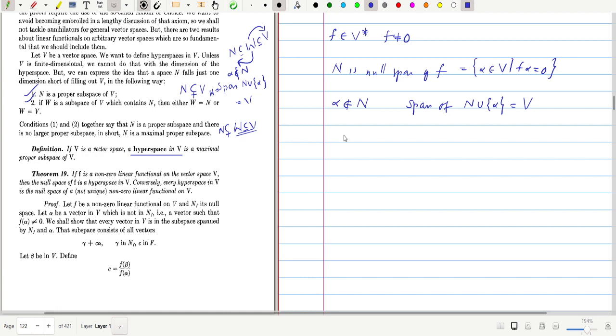Now we'll start with an alpha not in N, and we'll prove this.